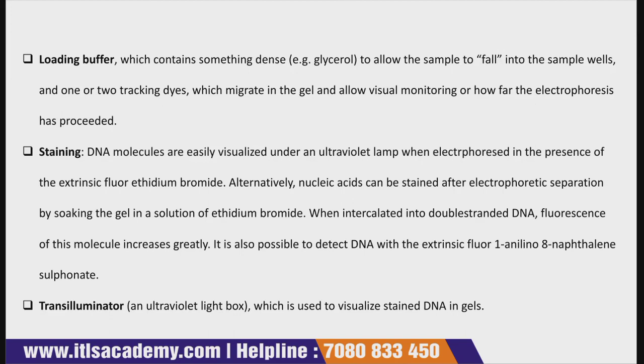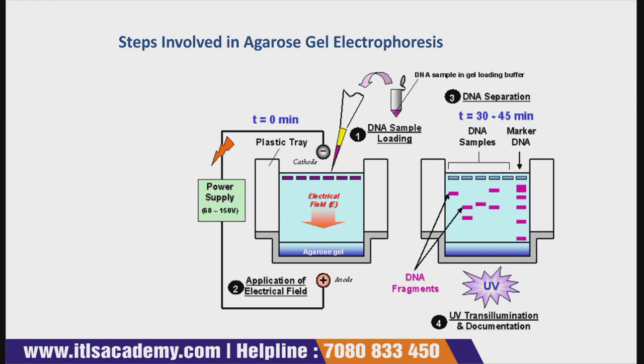When intercalated into double-stranded DNA, the fluorescence of this molecule increases greatly. It is also possible to detect DNA with other fluorescent dyes. A transilluminator, an ultraviolet light box, is used to visualize the stained DNA in the gel.